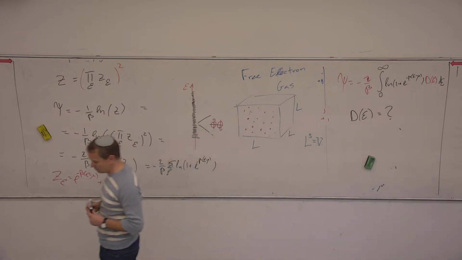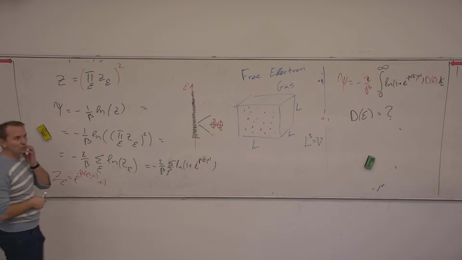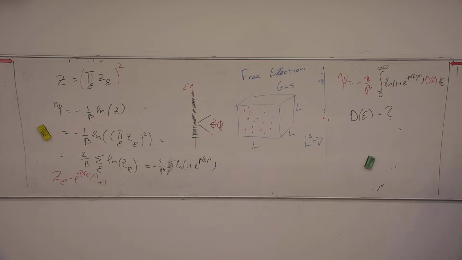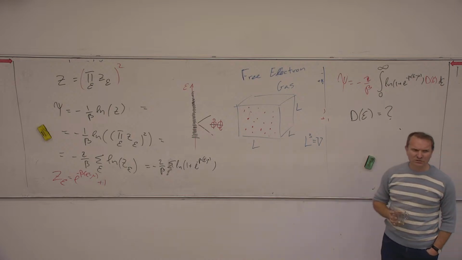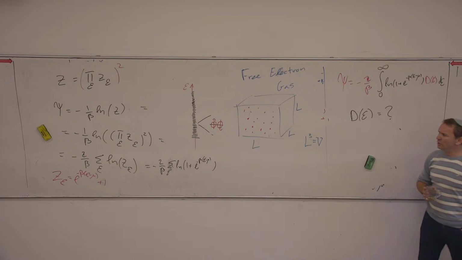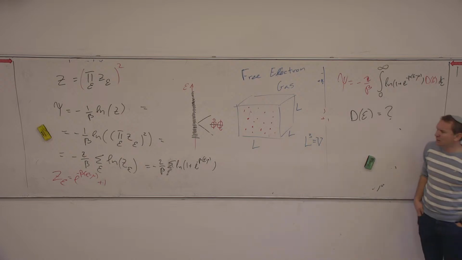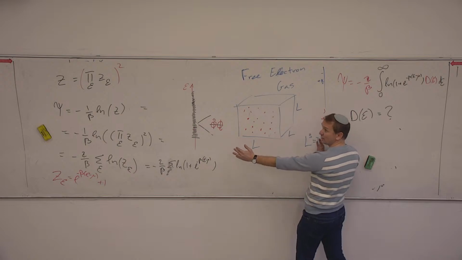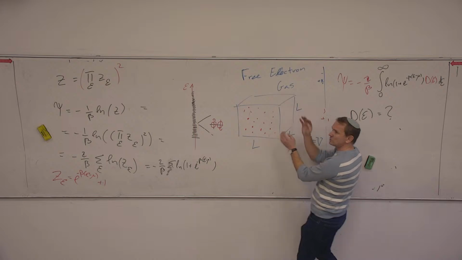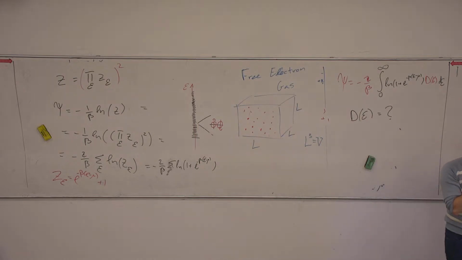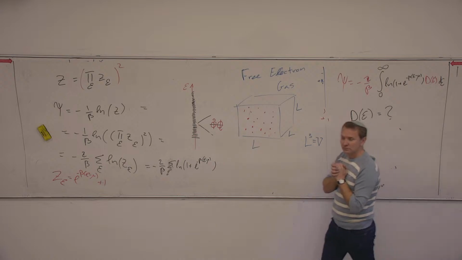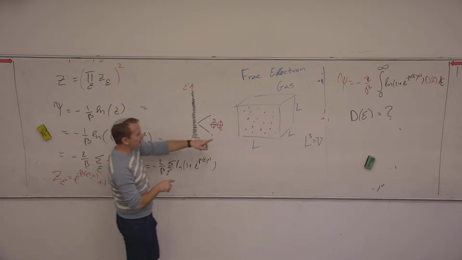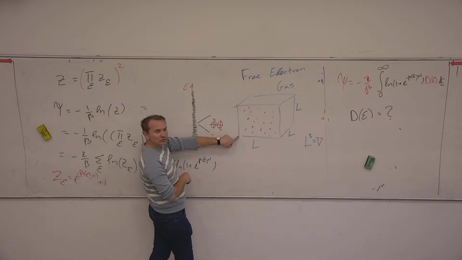Okay, so what do we know about those electrons? They're free particles, but they're not exactly particles, right? They're quantum stuff. So they are also waves. And I'm saying those particles cannot escape this box. They have kinetic energy, but they are limited to this box. So I know that the wave function has to obtain the values of zero at the boundaries.